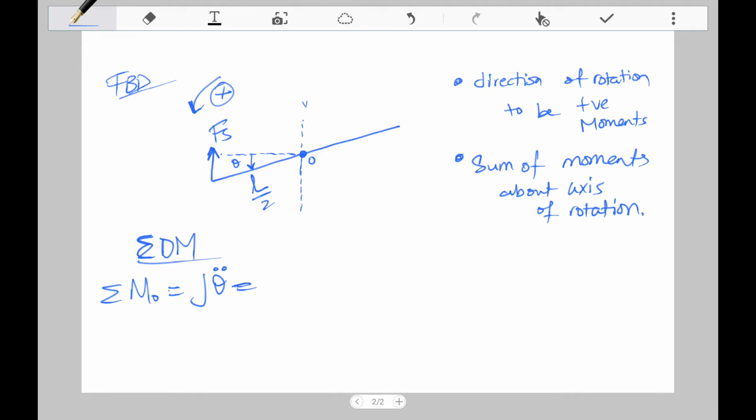Okay, let's do that. Obviously the force is acting counterclockwise, so it's going to be a negative Fs times the horizontal, perpendicular distance. This distance here, we're going to call x.